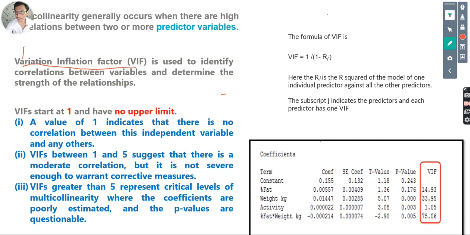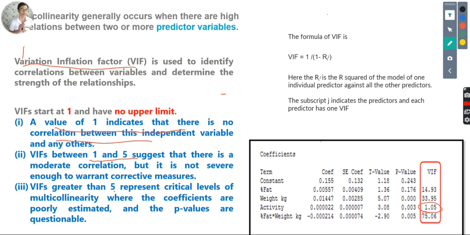In this case, you can see we will be taking activity, right? Because a value of 1 indicates that there is no correlation between this independent variable and any other. If the value comes to 1, and if VIF is between 1 and 5, it suggests a moderate correlation, and if it is above 5, it is not at all considered, and if it goes to 10, it is totally rejected.